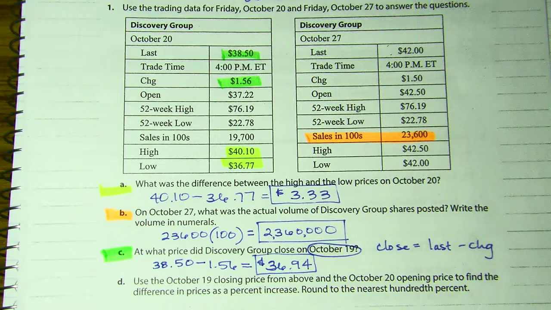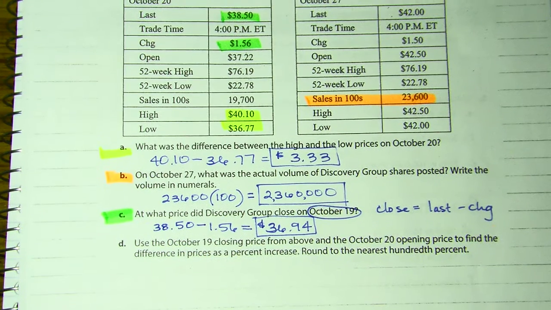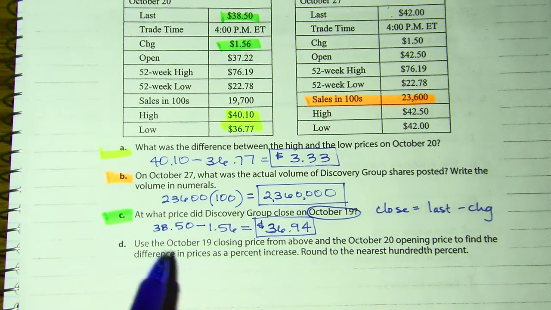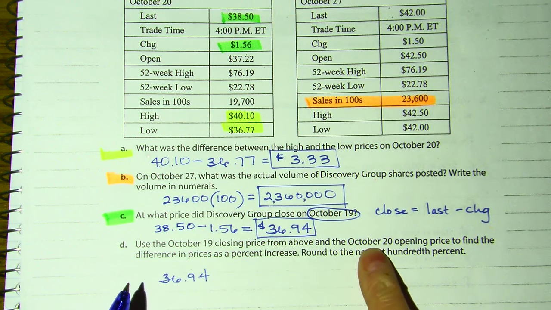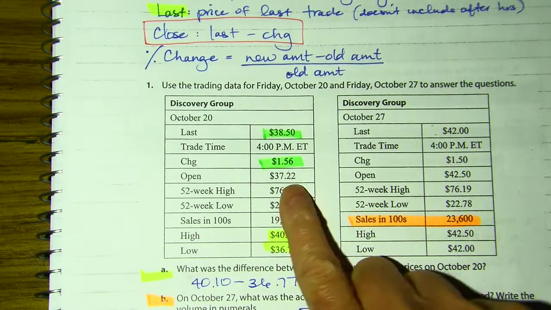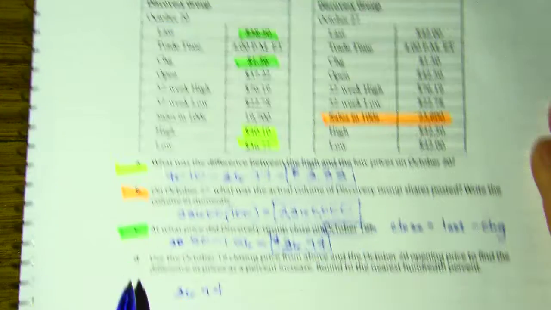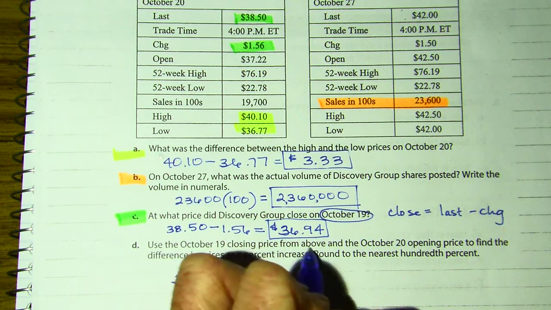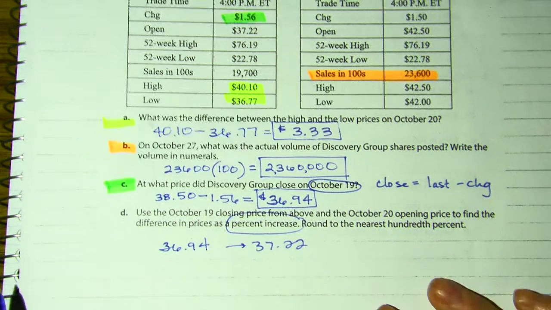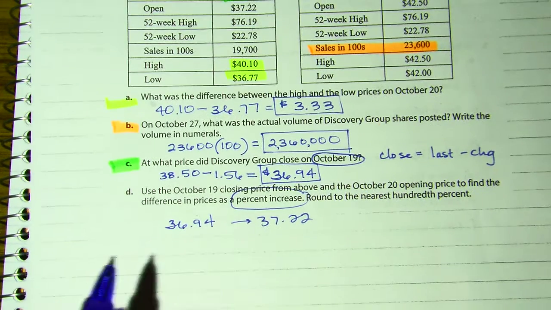Now, use the October 19th closing price, so 36.94, and the October 20th opening price, 37.22, to calculate the percent increase. So here's how we're going to calculate percent increase.